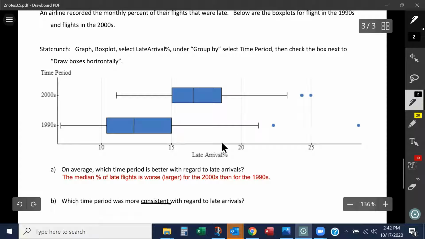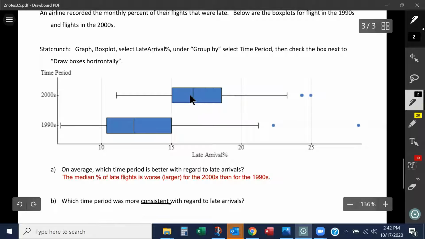This maybe looks like about 18, this is 15. So the middle half of the months were between 15 and about 18% in the 2000s. When I look at the interquartile range, by the way, it would be about 18 minus 15, so it's around 3%, maybe a little bit less.